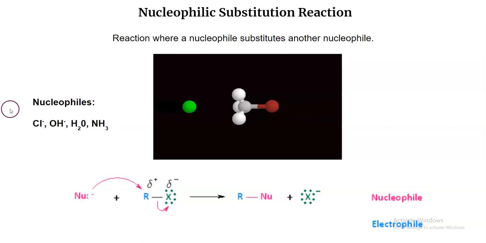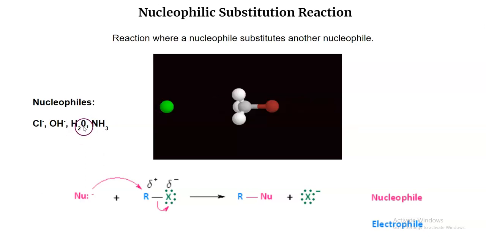So let's recap on what nucleophiles are. Basically, nucleophile means nucleus loving, something that loves a positive center, right? Something that would be a negatively charged species, something like a halide ion, hydroxide ion. A negatively charged species would definitely love a positive center, right? Or something that's neutral, but it's rich in electrons, something like water.